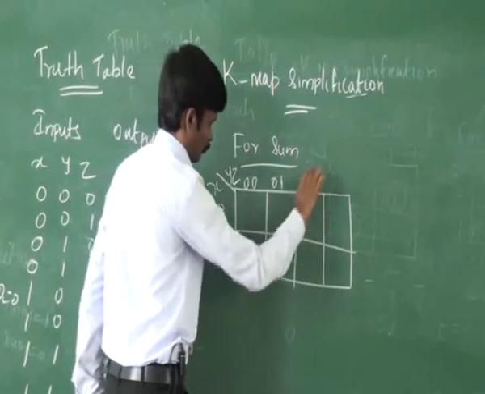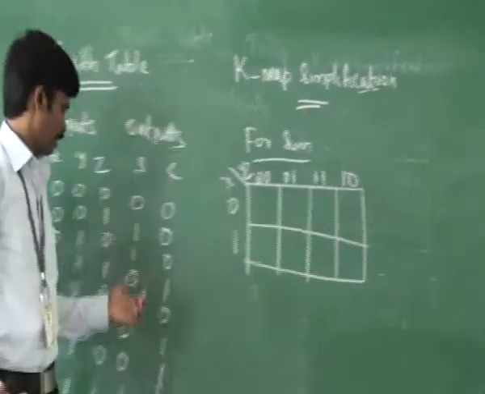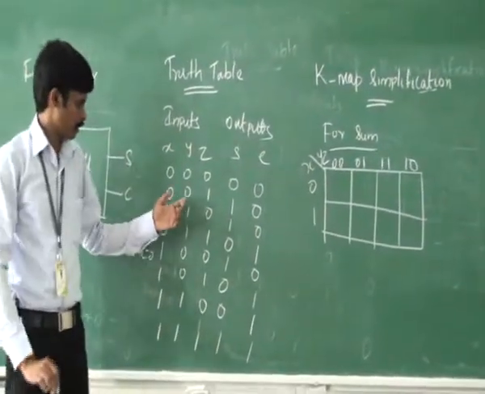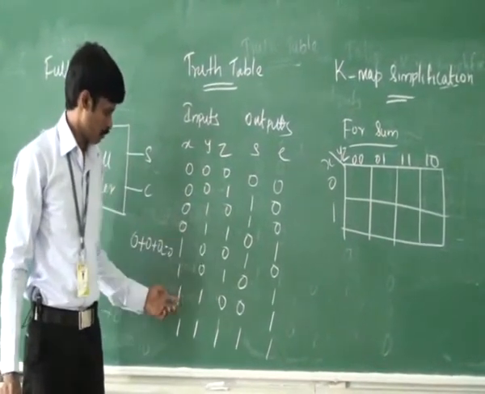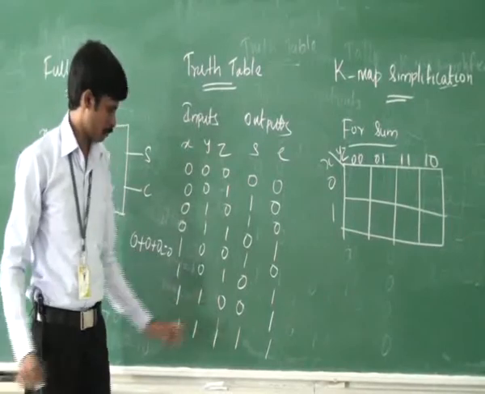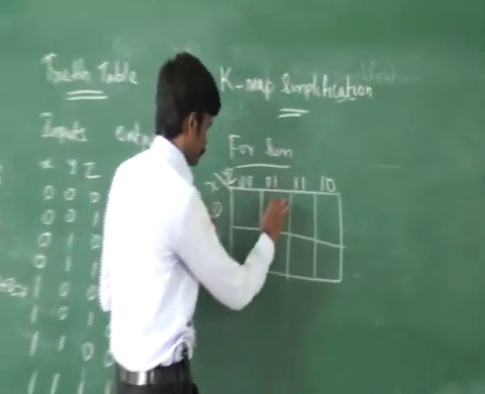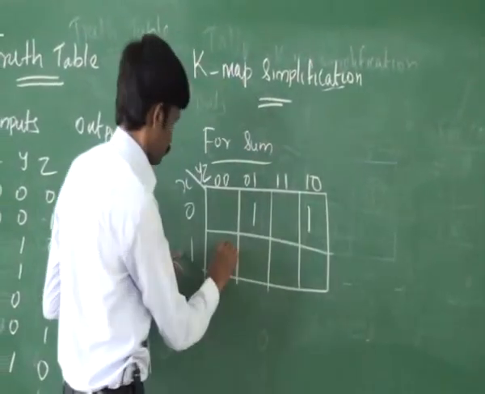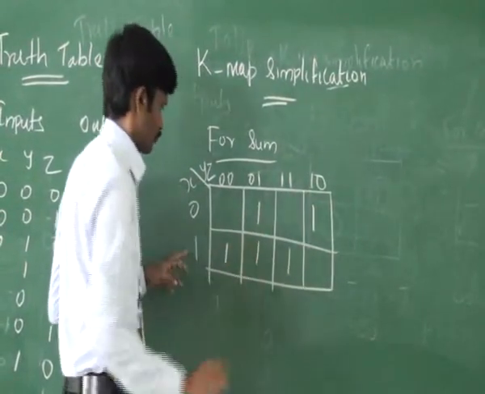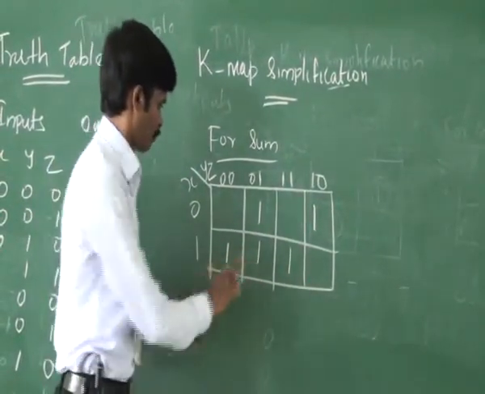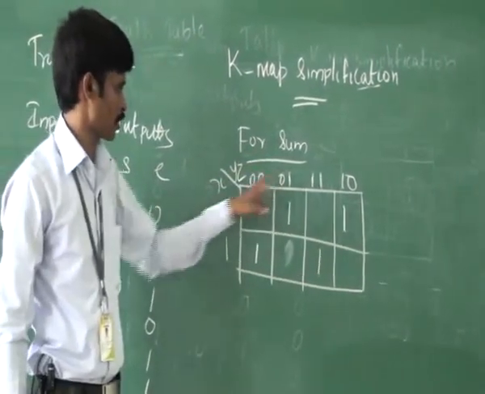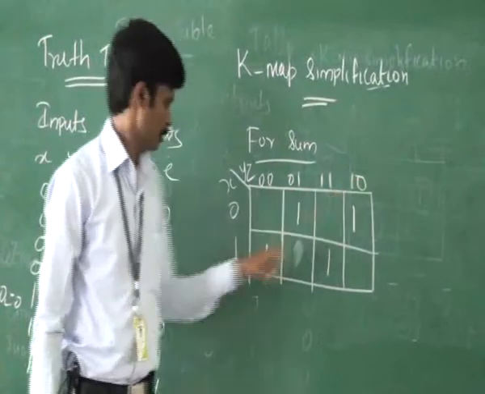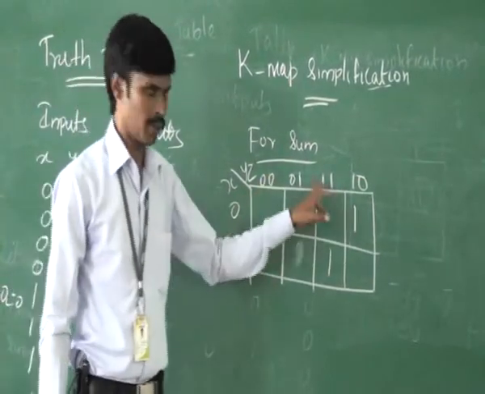Here the sum will be 1 for the combinations 0 0 1, 0 1 0, 1 0 0, 1 1 1.